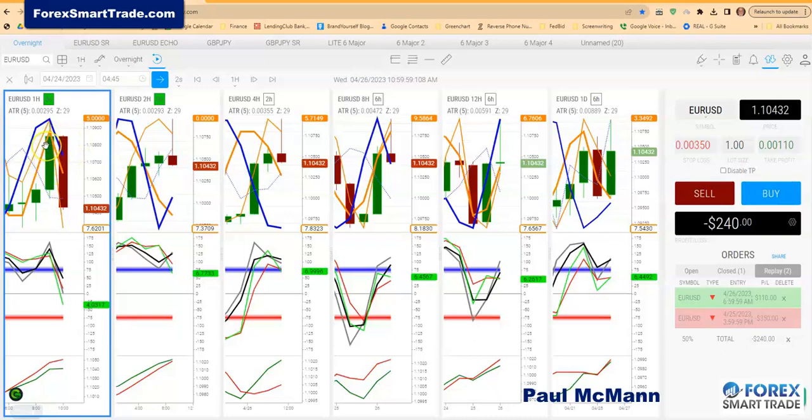Now, sometimes if I don't have it here, I will look to the 2 hour and see if I have the signal. The only difference will be that it's going to take a little longer for the trade to materialize.